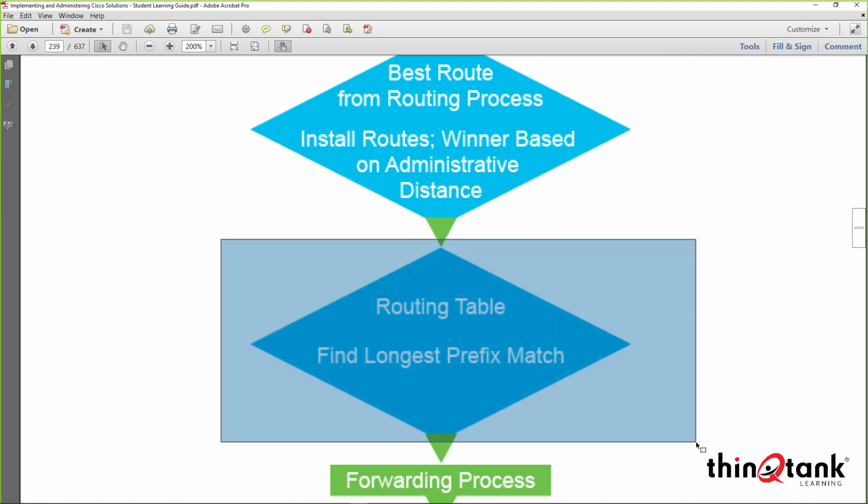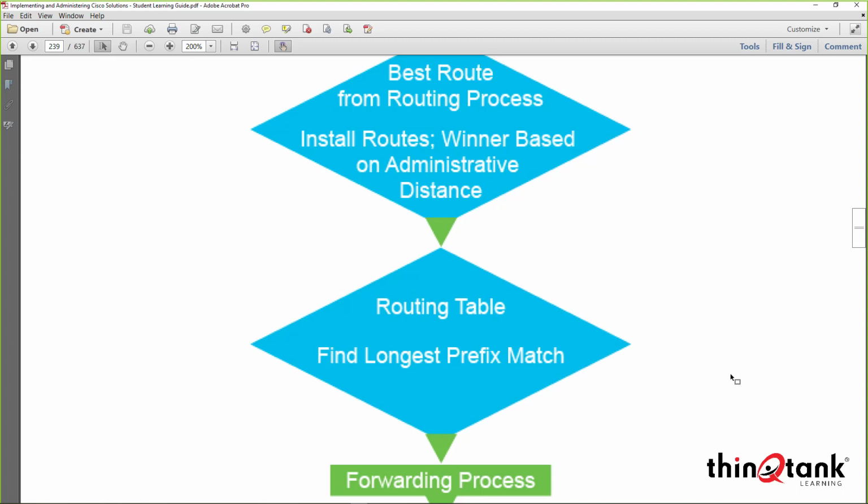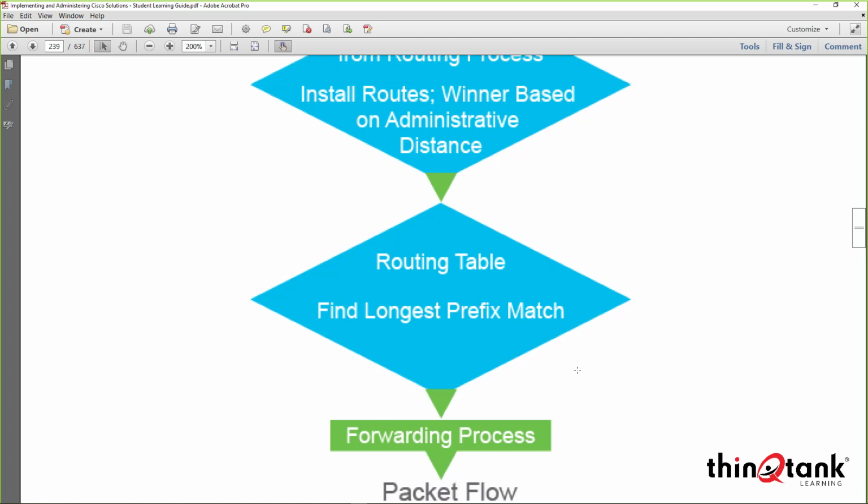And then we route based on longest match. What if it's the same destination, same prefix length within the same routing protocol? What's the determining factor there? We've already talked about it, but same destination, same routing protocol, same prefix length. Metric, right.